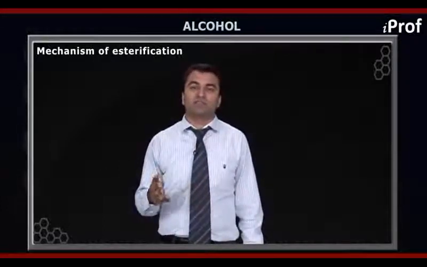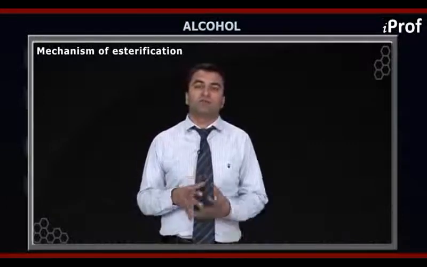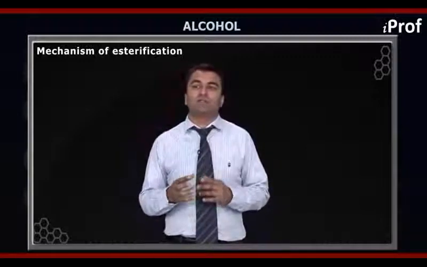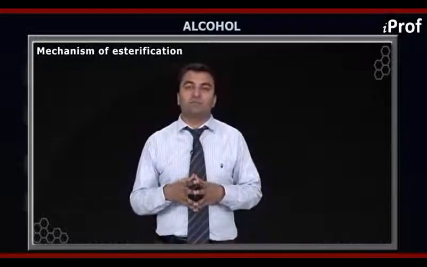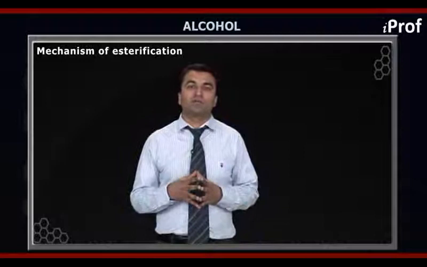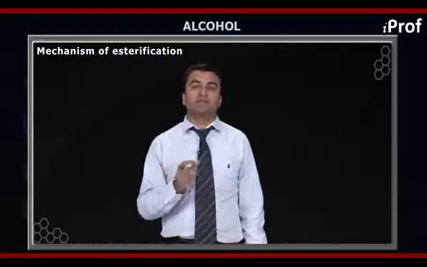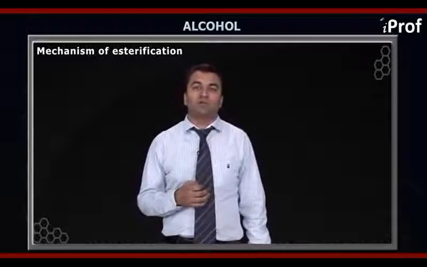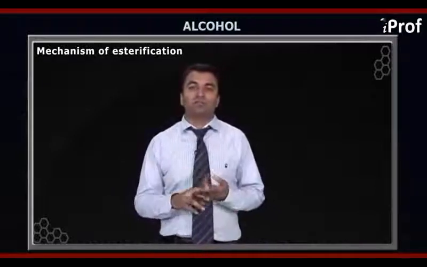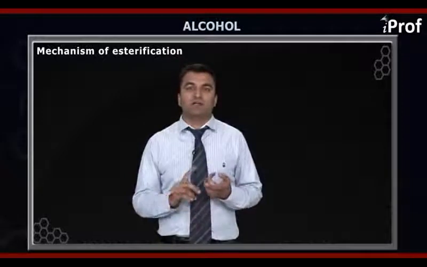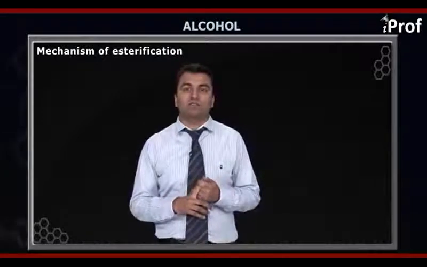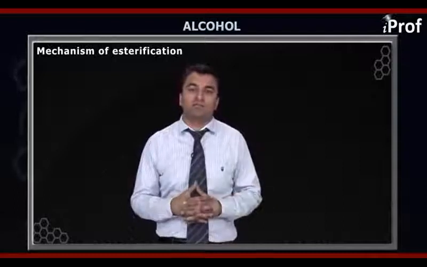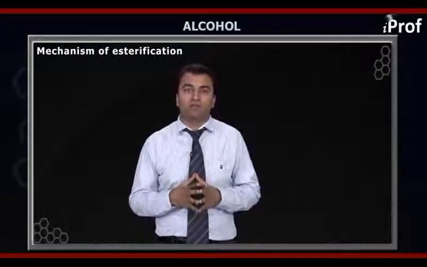then we have CH3CH2COOH. If you see the mechanism very carefully, after the second step of the mechanism, you can observe that there is a positive charge on the carbon, the carbonyl carbon. So in the case of HCOOH, CH3COOH and CH3CH2COOH, in all these cases there will be a positive charge on the carbonyl carbon.